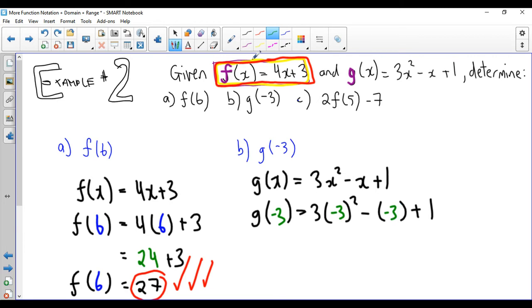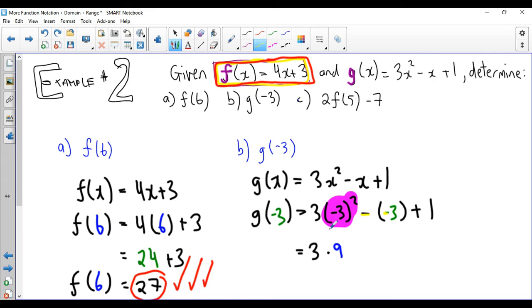And then here, now we just follow BEDMAS. We follow our order of operations. So again, don't go 3 times -3 because I have to do this part first, right? So -3 squared is 9. And then here, I'm subtracting a negative, which is the opposite.